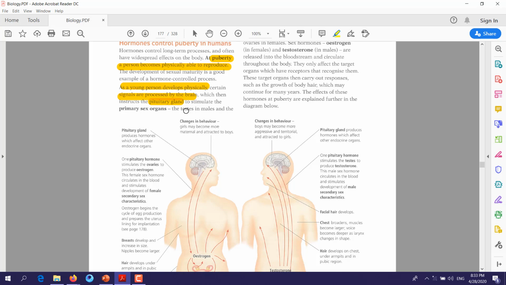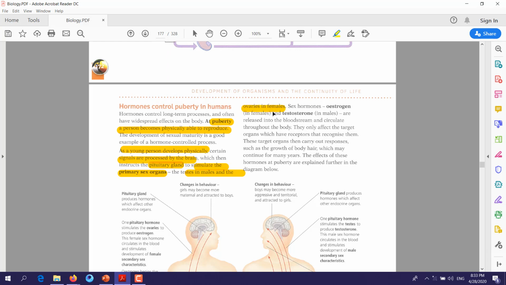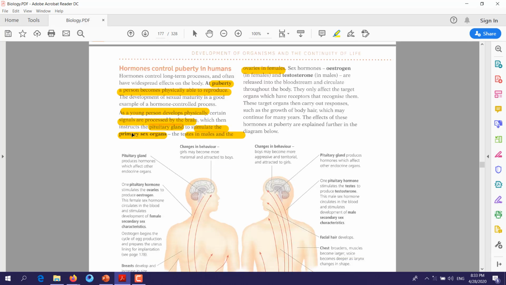The function of the pituitary gland is to control all the glands in our body. This pituitary gland will stimulate the primary sex organs, the testes in the male and the ovaries in the female.